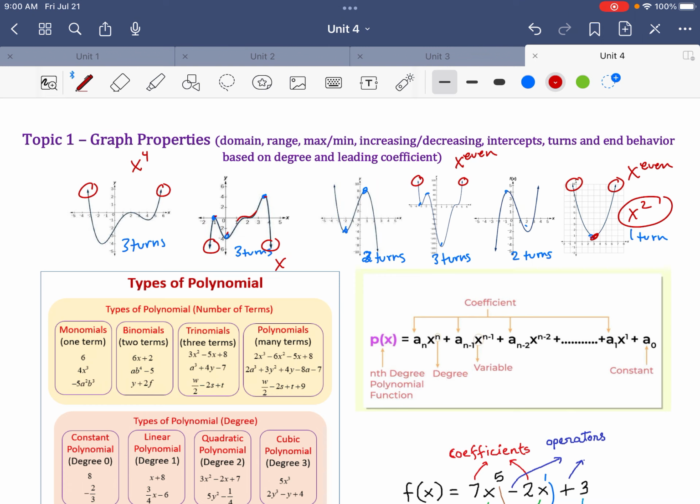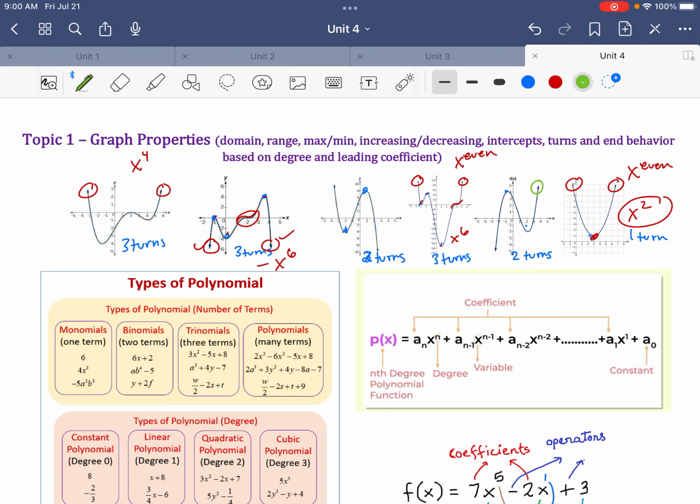And so I see 3 turns, but this root right here is going to be 3 more. So that's going to be x to the 6th. You don't really know all about that yet, but here, 1, 2, 3, and again, this counts for a triple root, that little slow pass through right there. So this is going to be x to the 6th. Now, one other thing to mention, both of these ends are pointing down, so there must be a negative in front of that x to the 6th to make that happen.